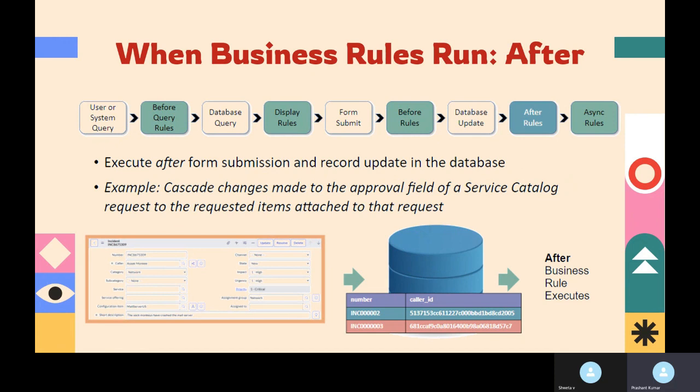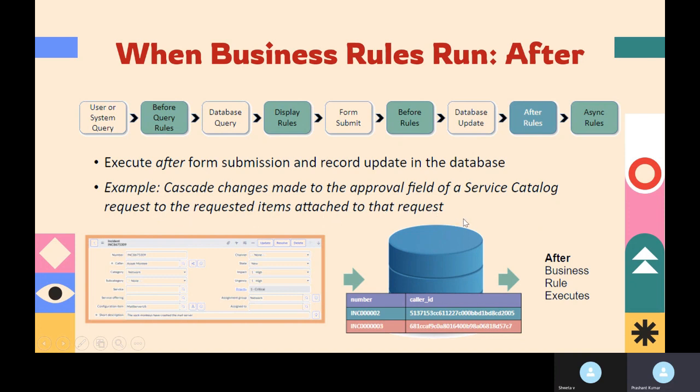Now we have after business rule. After business rule is executed after the form submission and the record is updated in the database. Now if you see, they have provided an example: cascade changes made to the approval field of a service catalog request to the requested item attached to that request.